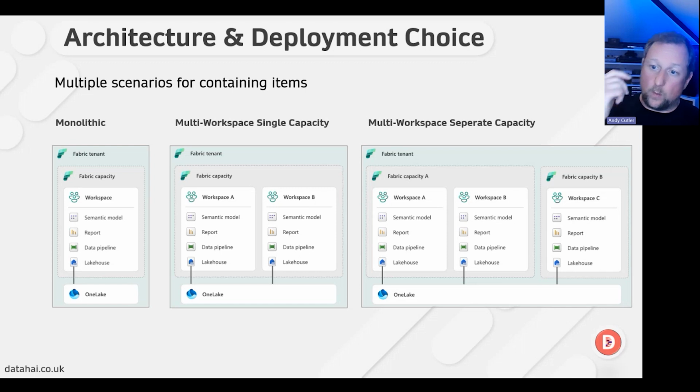So maybe workspace C is extremely critical, it could be finance, for example. Let's say it's finance that absolutely positively must not have any noisy neighbors from any workloads in workspace A and workspace B. So that can be a consideration. For a proof of concept, obviously monolithic is going to be one of the easiest things for you to look at.